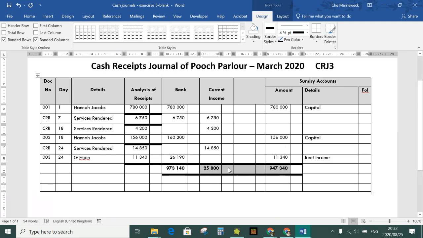If I add the other columns except for bank, they should total the bank amount. So we're going to add 25,800 plus 947,340, and you should get 973,140. Okay, that is the end of exercise 5.